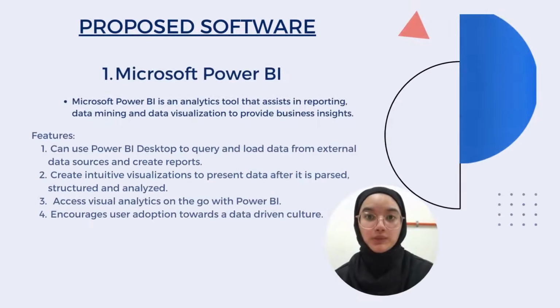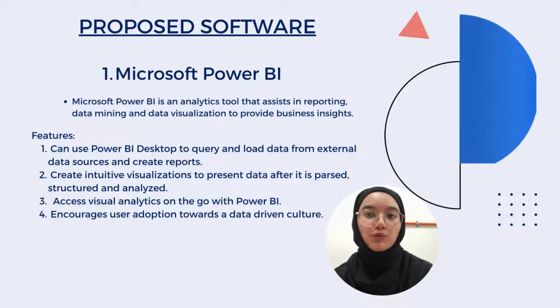Next, we would like to propose 3 BI software that can help Company A. First is Microsoft Power BI. This software is an analytic tool that assists in reporting, data mining, and visualization to provide business insights. One of the features is that it can be used to query and load data from external data sources and create reports.